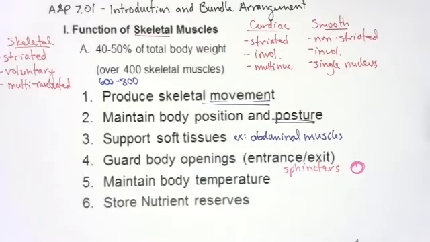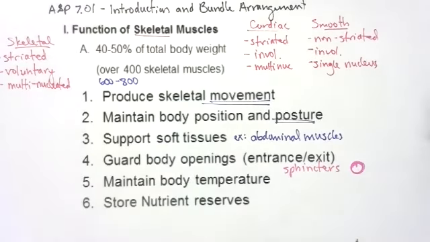Your rectum has 2 sphincters. One is voluntary and one is involuntary. You have 2 sphincters, one at the opening of your stomach and one at the end of your stomach. And these are really important because they control what goes in, what goes out, what stays in, and what doesn't go out. So, sphincters and their ring shape.